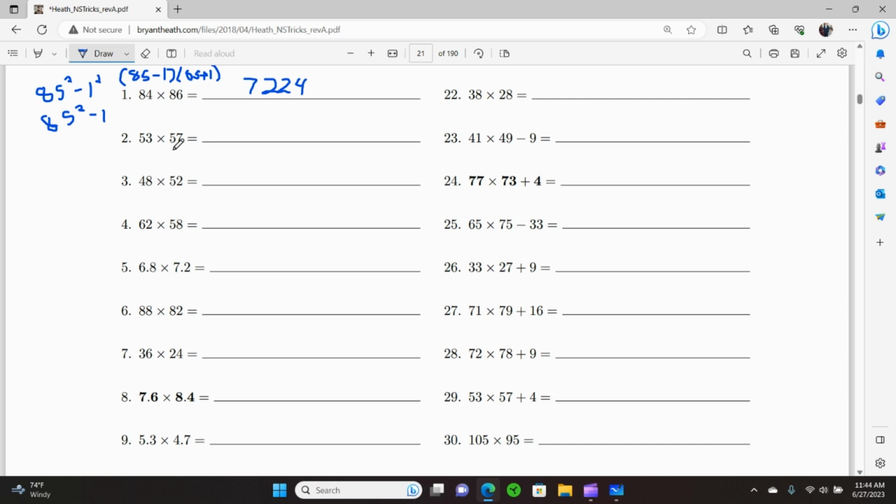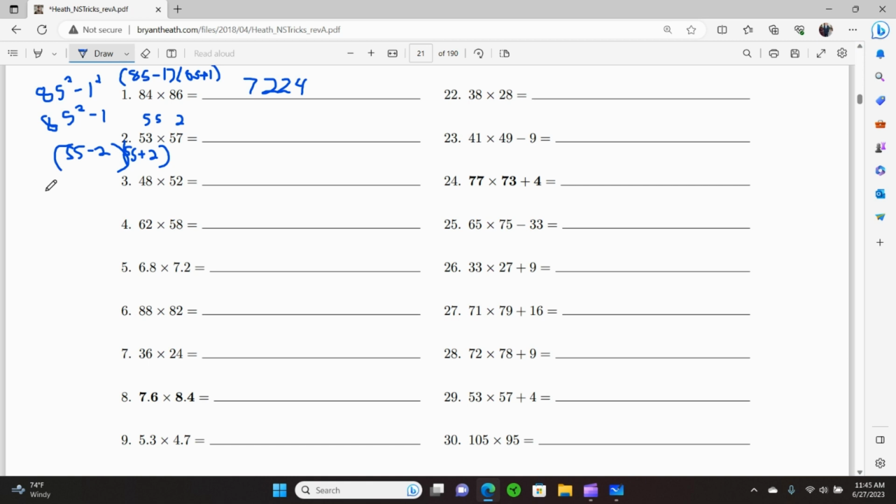Take a look at number 2. I notice right away these two numbers are the same distance from 55. What's the gap? The gap is 2. I want to recognize these two things right away. So essentially what I'm doing here is 55 minus 2 times 55 plus 2. So now it's the same idea.